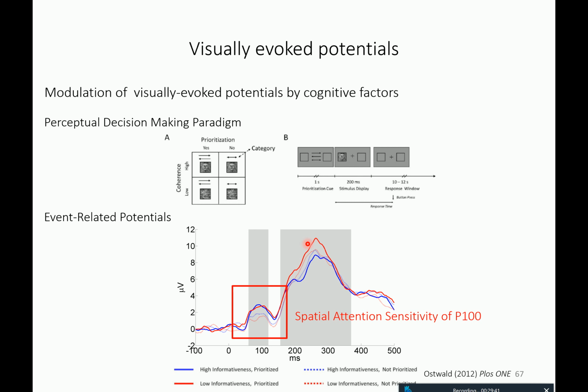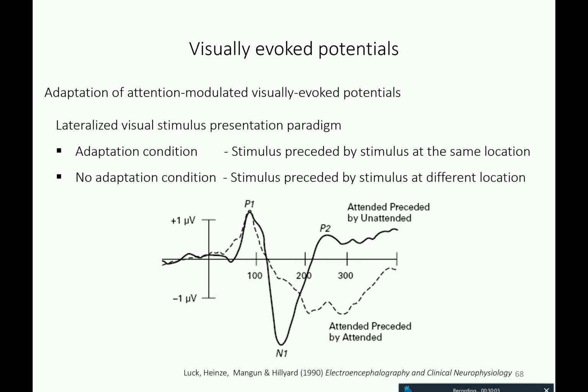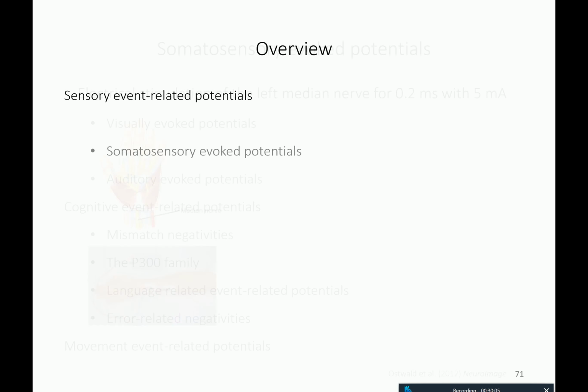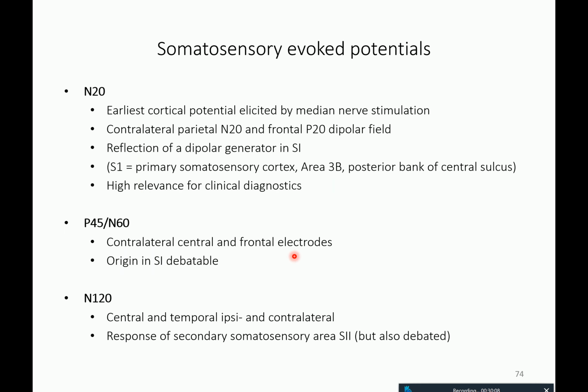Whenever people press a button to some stimulus, you get this strong positivity in the central parietal electrodes around 300 milliseconds per stimulus. And this is also what we observe here, although this is not an oddball paradigm, but a response to a stimulus. Now going back to where we were.